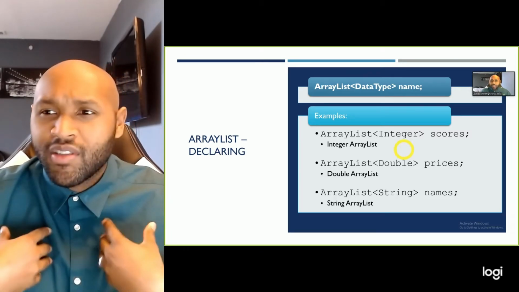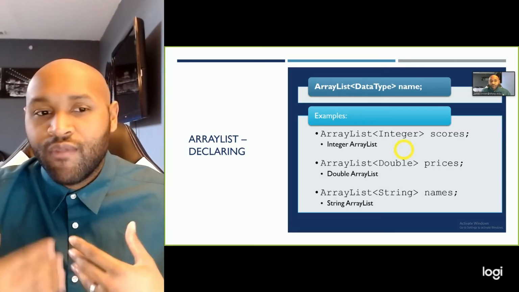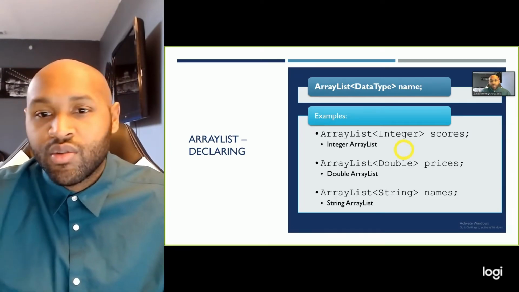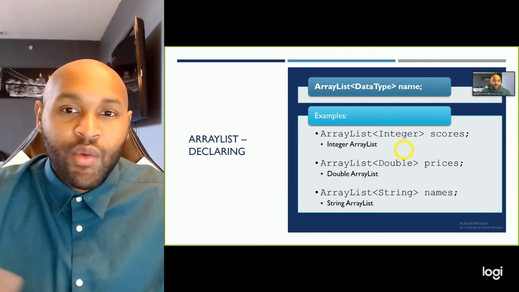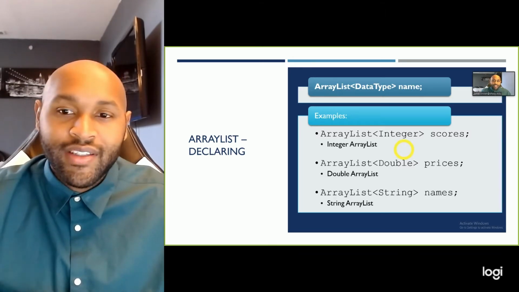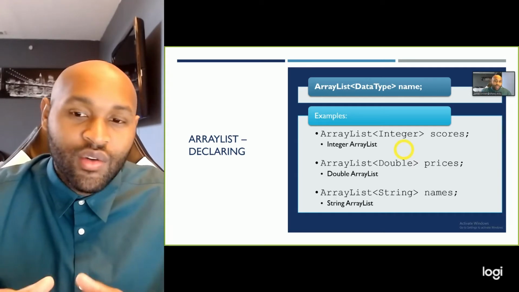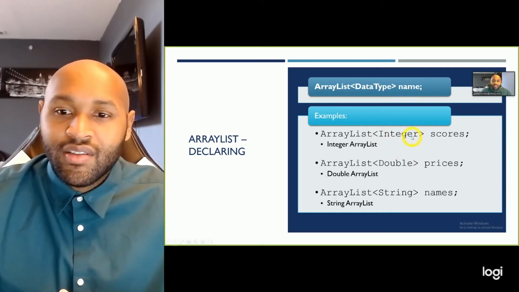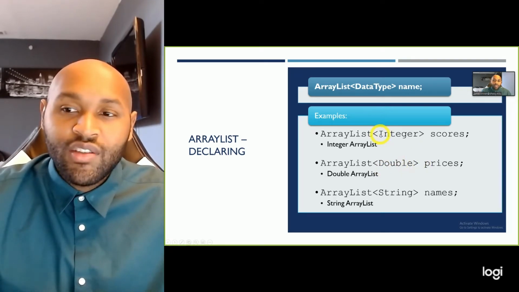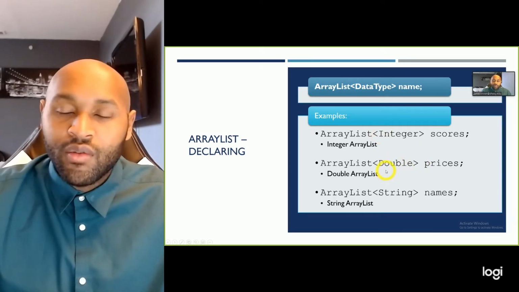For our purposes in this class, we'll mostly just focus on arrays, but array lists are powerful tools at your disposal as well. So how do we declare an array list? Similar to how we do other things, except we cannot use regular lowercase int and regular lowercase double to create it. We must use the capital version of those.